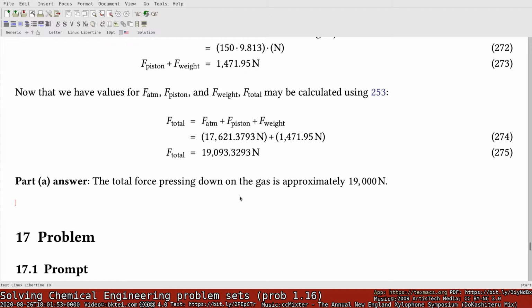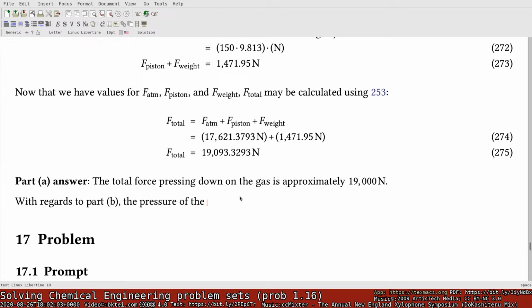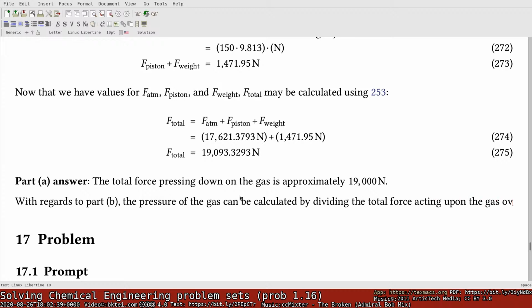All right. With regards to part B, the pressure of the gas can be calculated by dividing the total force acting upon the gas over an area.